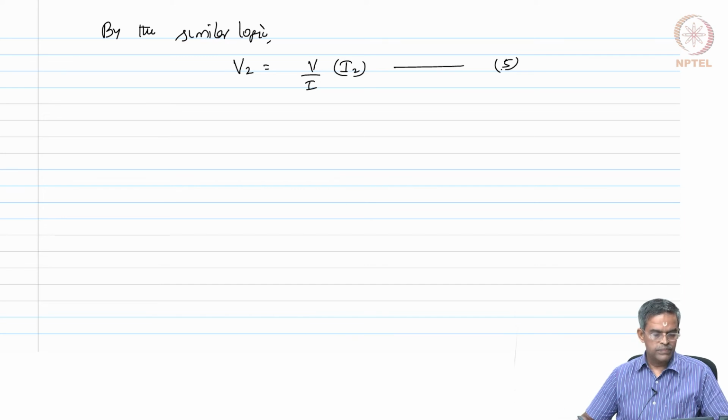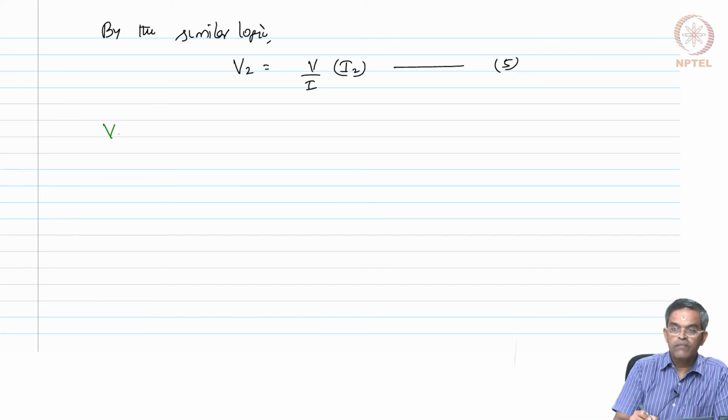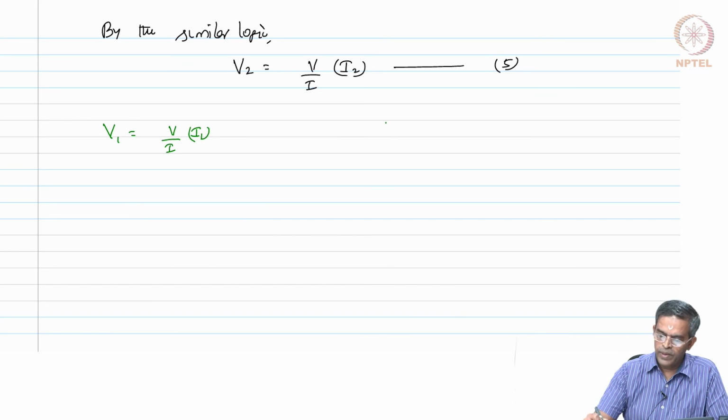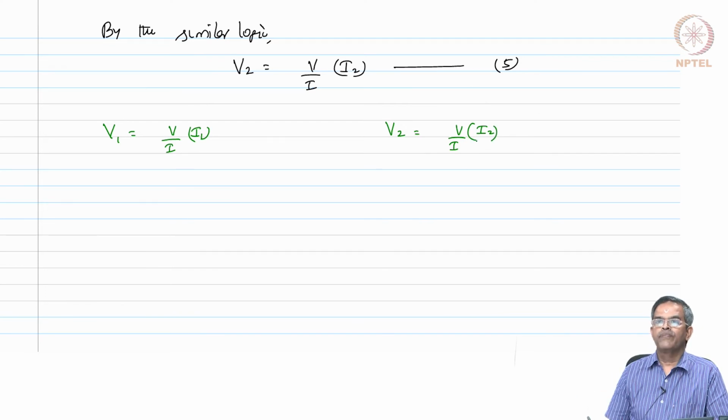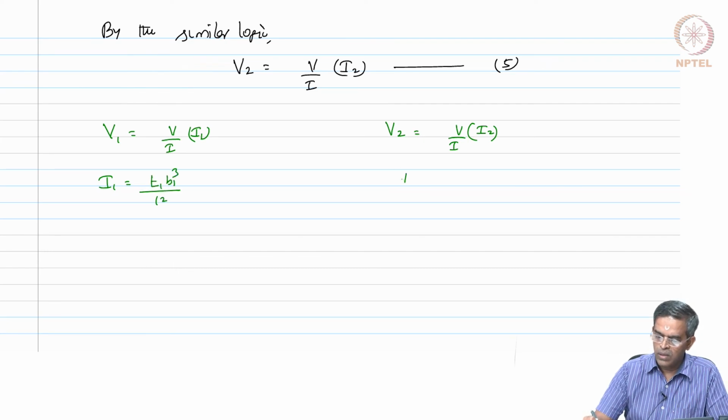Okay. Now, we have two equations. V1 is V by I of I1, V2 is V by I of I2, where I1 is T1 B1 cube by 12 and I2 is T2 B2 cube by 12.